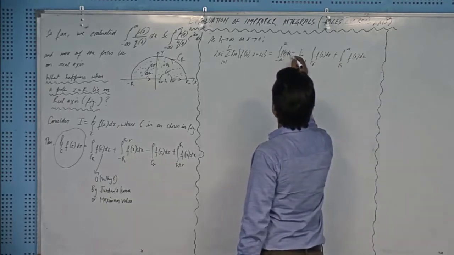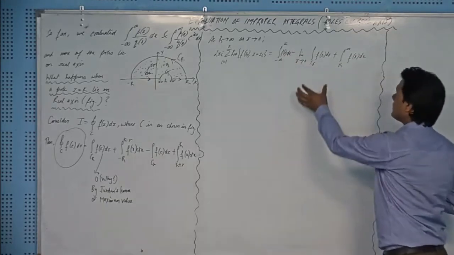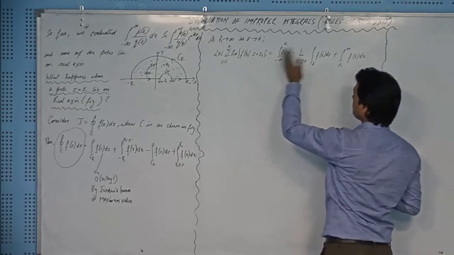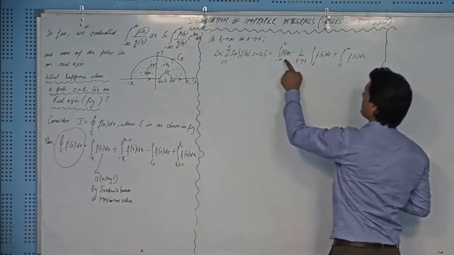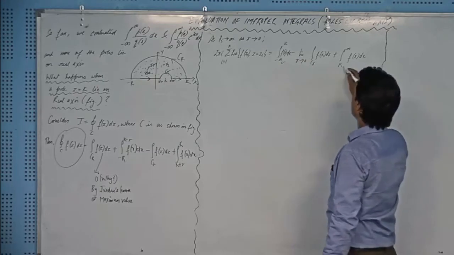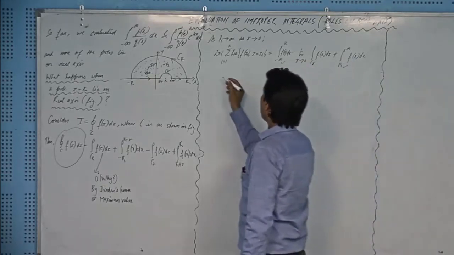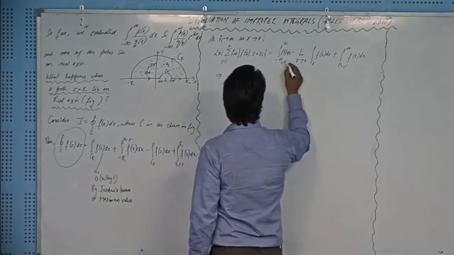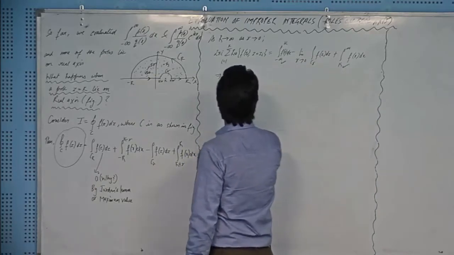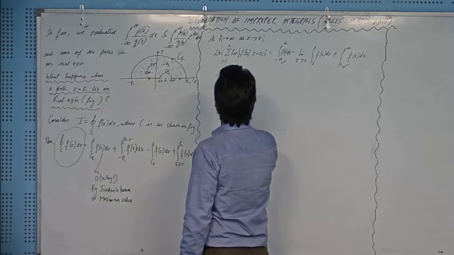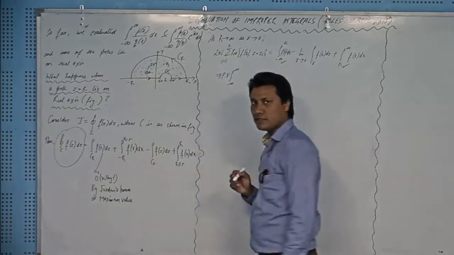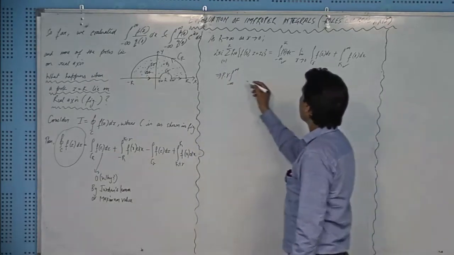On summing these two integrals, we will be having minus infinity to infinity, but we should write principal value, and then f(x) dx.